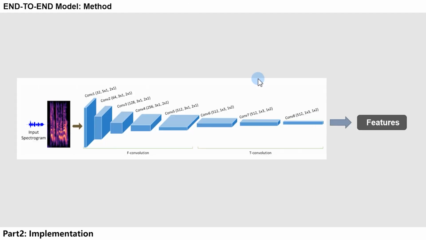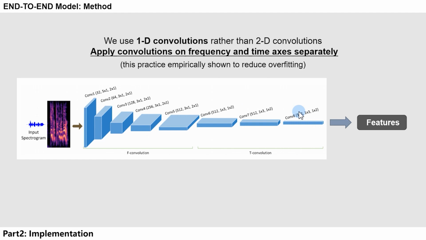As for the neural network method, given the input audio, we can first use FFT to translate it into the spectrogram and use a convolution network to extract meaningful features. One important thing you need to notice is that this is not a two-dimensional convolution layer, it's a one-dimensional convolution layer.